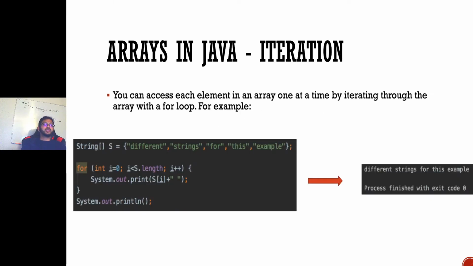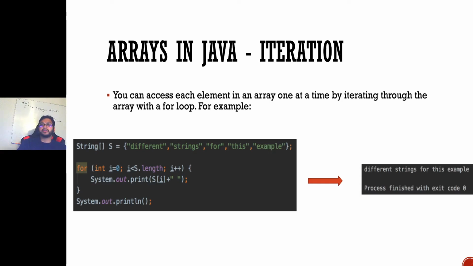Now, how do you iterate over an array? In the previous class, we went over an example, but to really knock it home, let's have a look at this example here, where we're going through position index 0 up to the length. We have i less than s.length, but you can also have i less than or equal to the length minus 1.